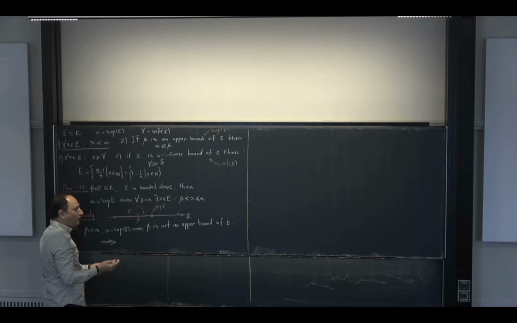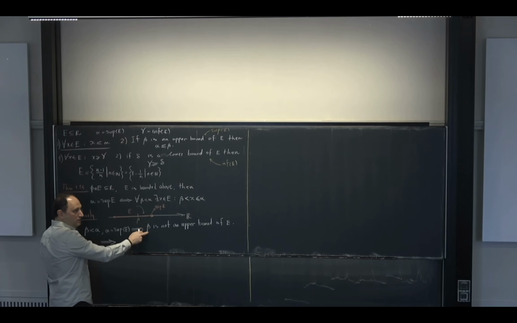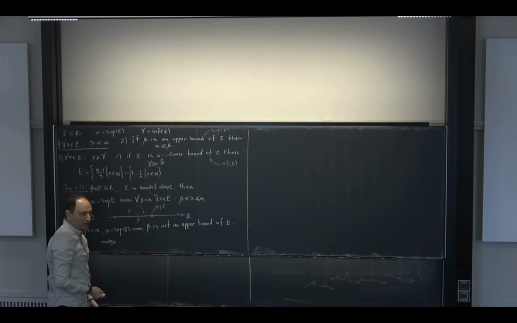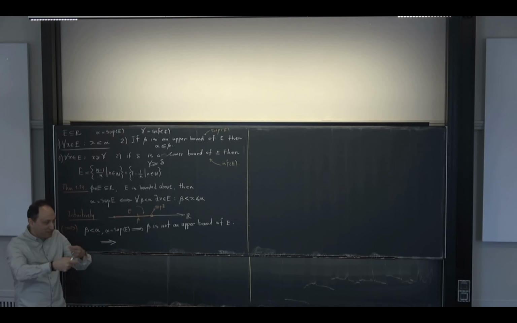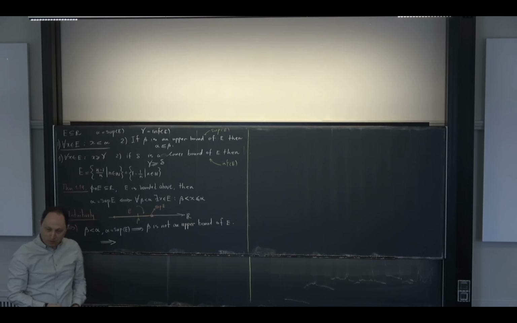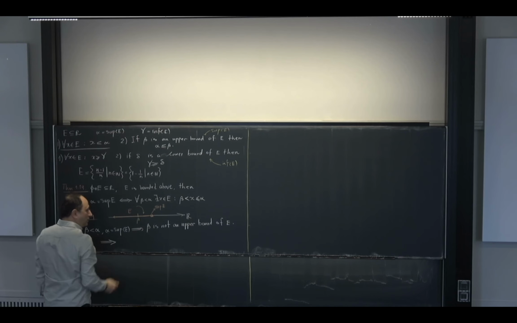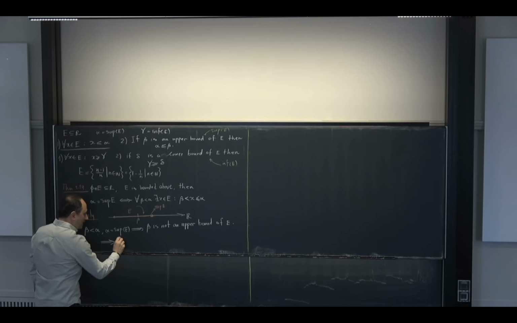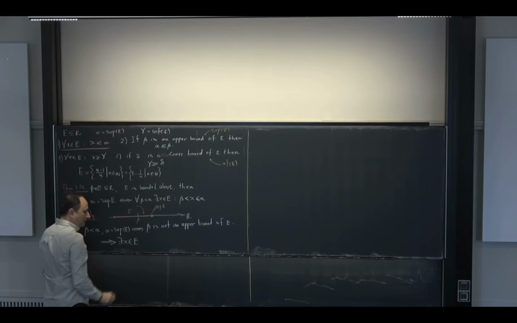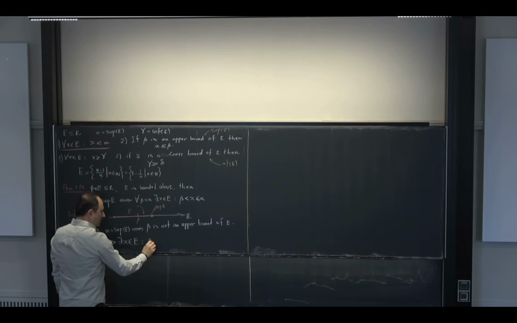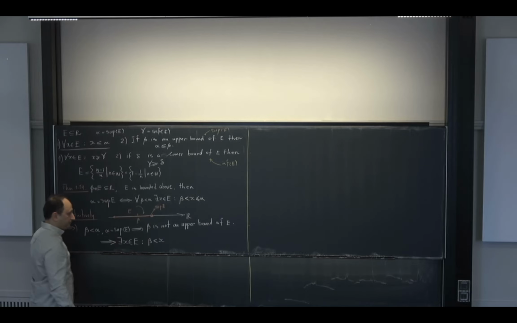If you cannot find something greater than beta in your set, beta is already an upper bound. So it is just repeating the definitions. So this means beta is not an upper bound of E, so there exists an x in E such that beta is less than x.